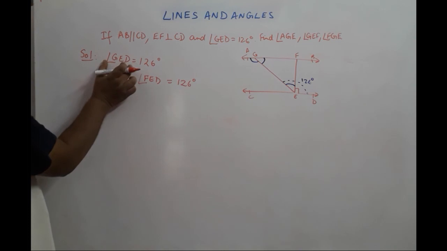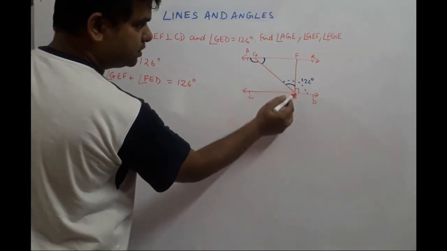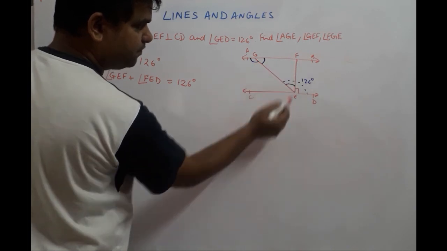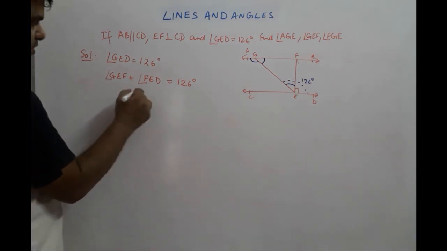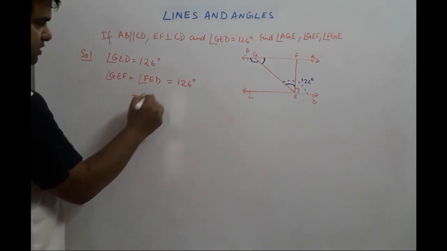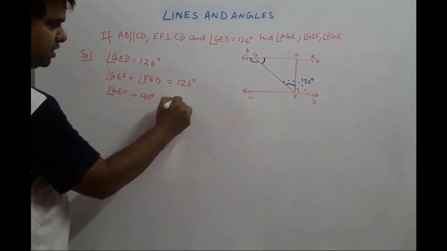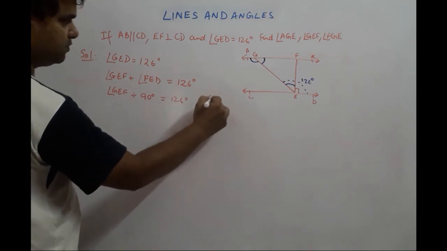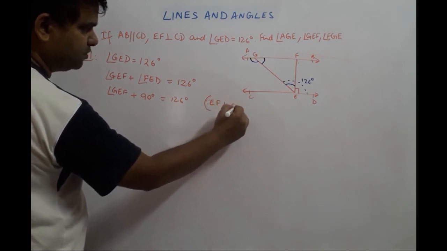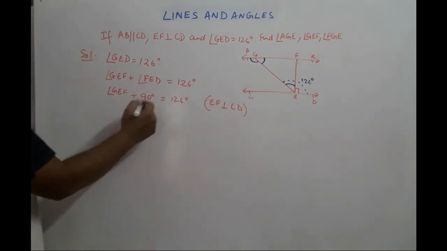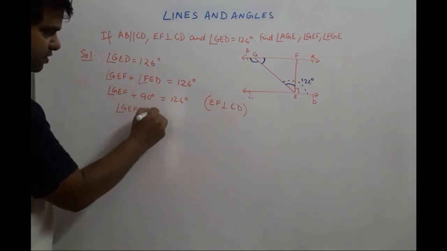So I have split angle GED, this whole angle, into GEF and FED. Right. Now FED has been given to us as 90 degrees. We'll keep angle GEF that way, and 126 degrees. Why? Because we have been given EF is perpendicular to CD. Take 90 to the other side and we get angle GEF equal to 36 degrees.